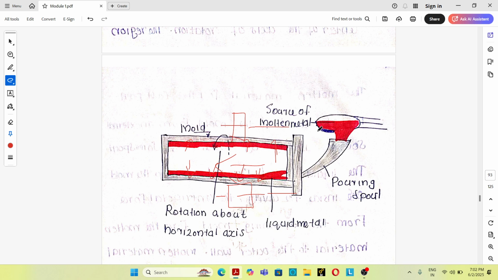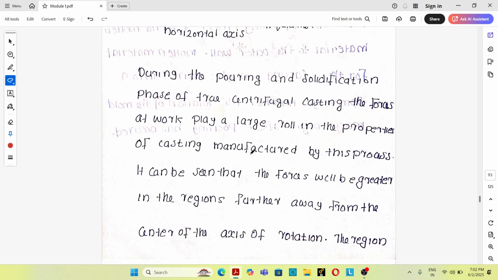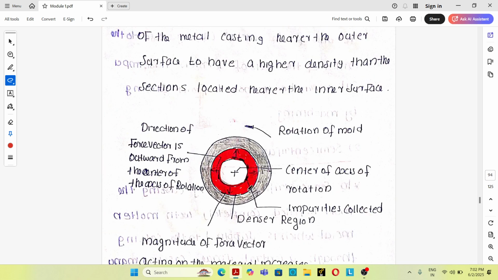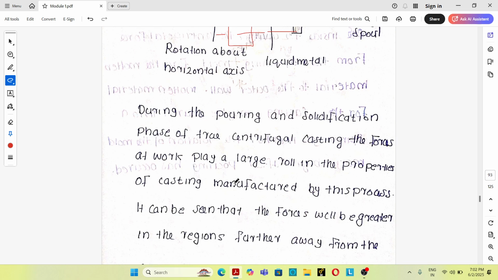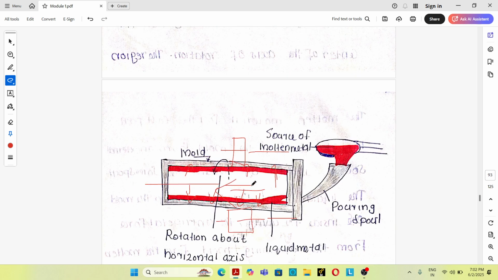See the magnitude of centripetal force. You can see this figure. This is a mold and this is a casting. This is the axis of rotation. The magnitude of centripetal force increases away from the axis of rotation.